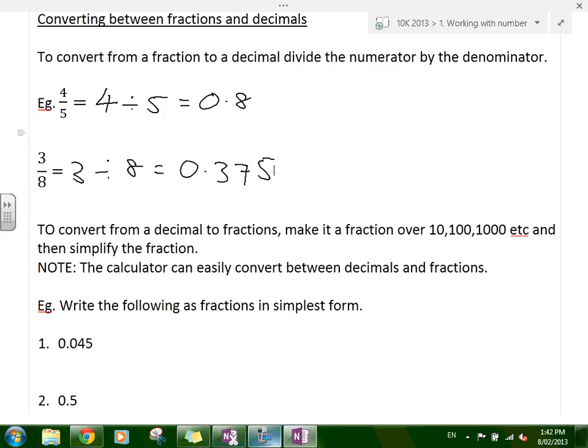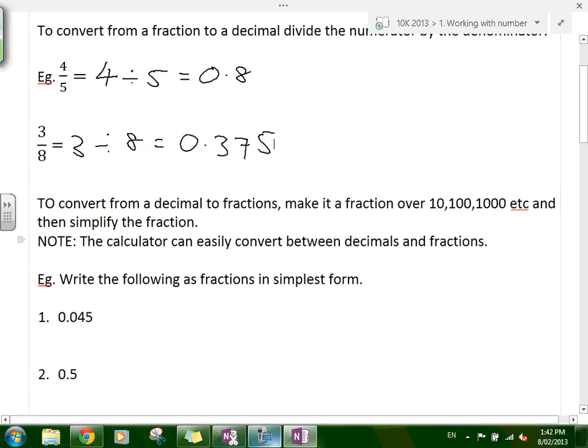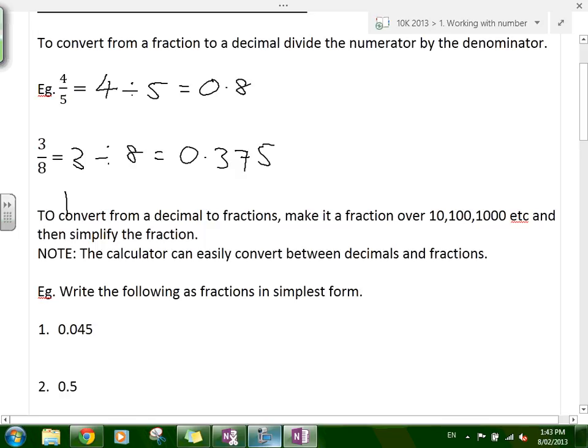Okay, so if you have a look at the first one, 0.045, what's in the hundredths column?